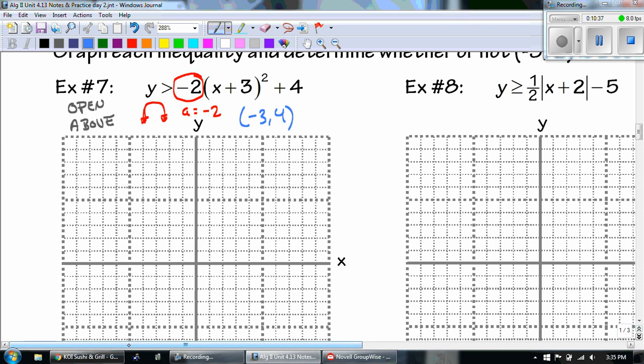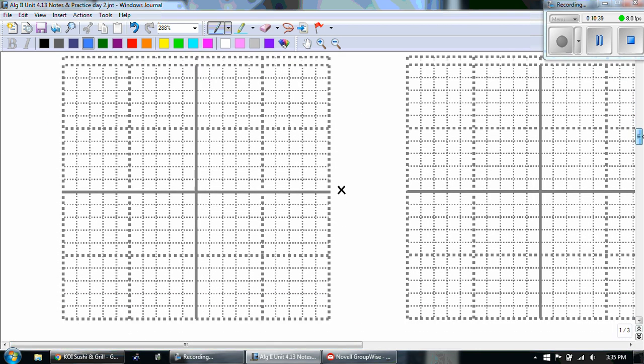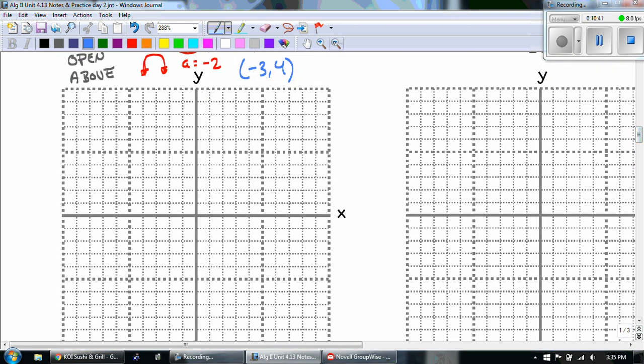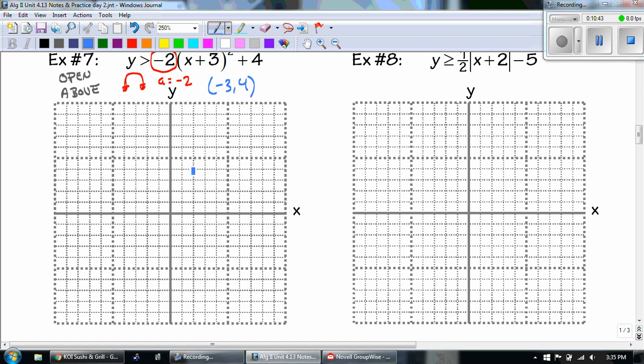I'm zooming in on this so you guys can kind of see everything. So at -3, +4, I'm open. I'm going down 2 over 1, and then down 8, so 2, 4, 6, 8 over 2.